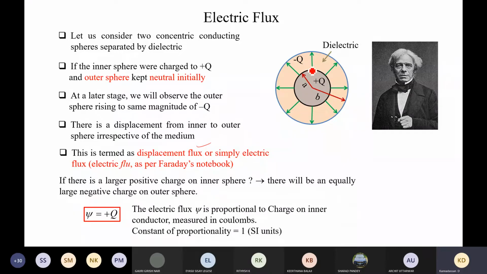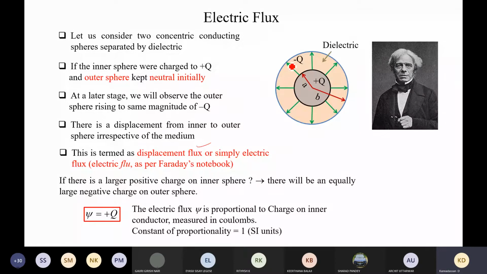This could happen only by the flux lines, or the electric field, traveling from this charged body to the other and reaching this surface, which is a chargeable structure. Let's say it's a metallic structure.